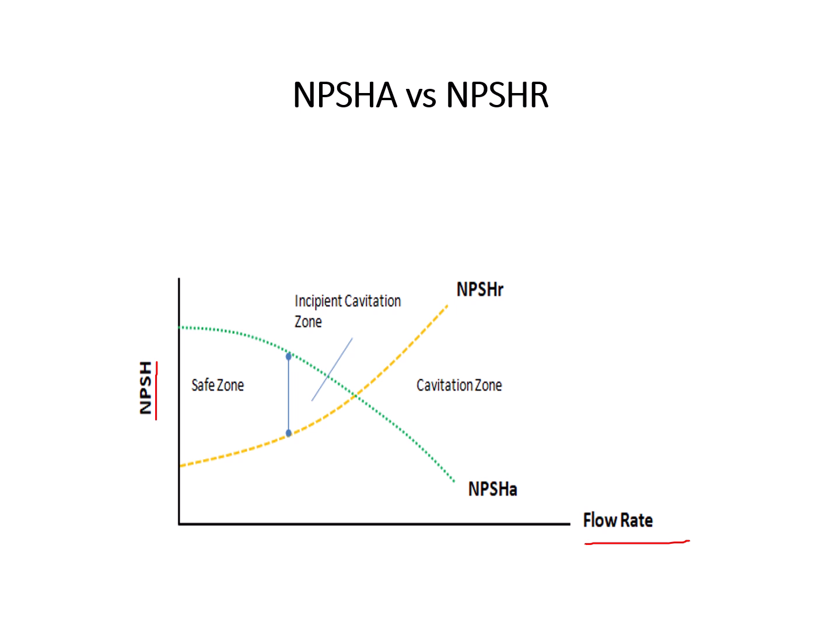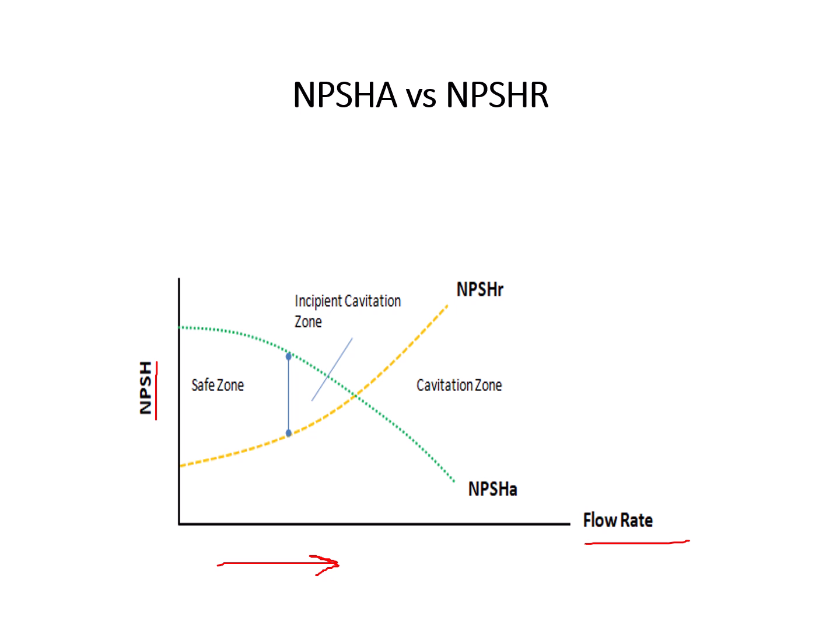You can see as your flow increases, the required net positive suction head goes higher, and also as the flow increases, the available head will decrease, which is not good.